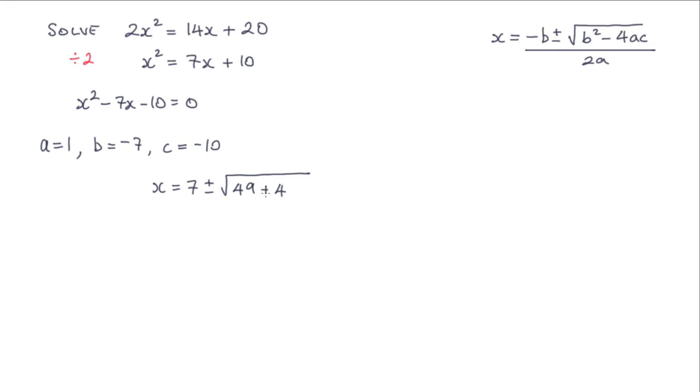So that's going to give us a plus 40. Now all of that is divided by 2 times a, and that's just going to be 2. Just doing a little bit of simplification here, we have that x is equal to 7 plus or minus the square root of 89, and that is all over 2.